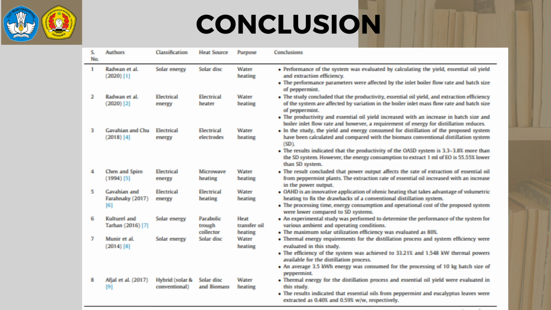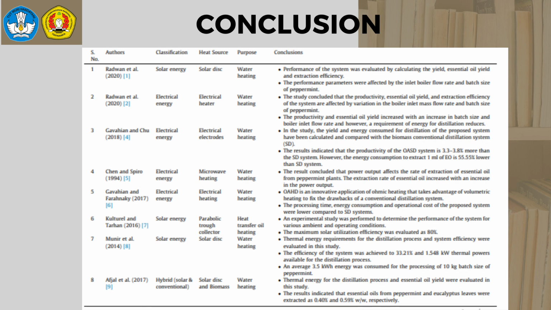The efficiency of the system was found to be 33.21%, and 1,548 kW thermal power was available for the distillation process, and an average of 3.5 kWh energy was consumed for the processing of 10 kg, let's say, of peppermint.